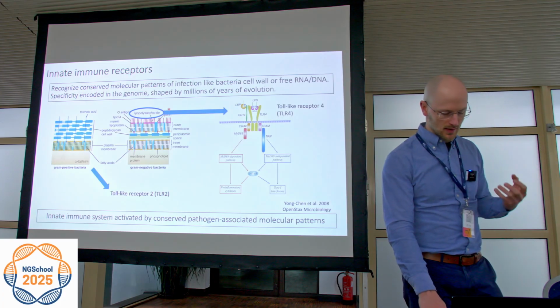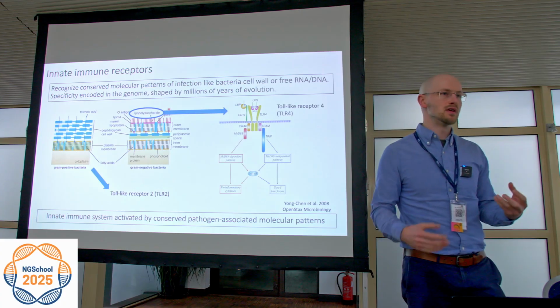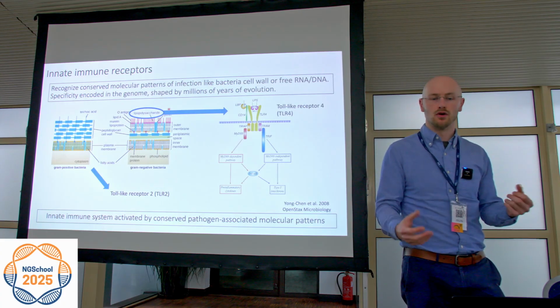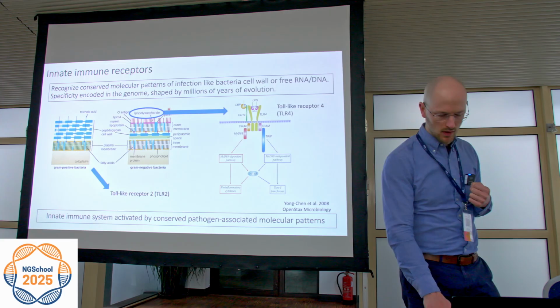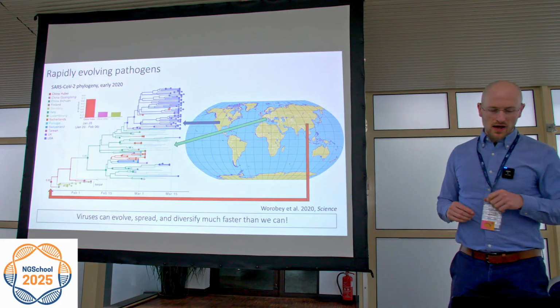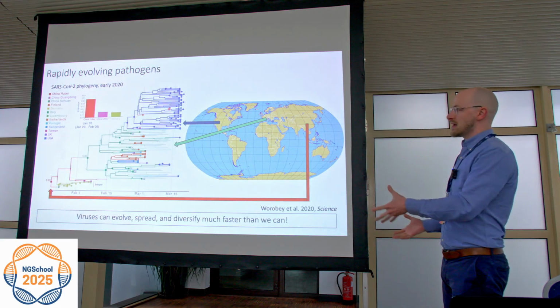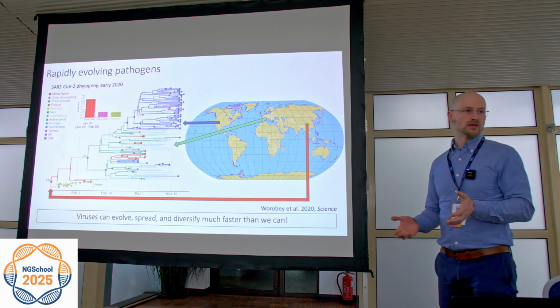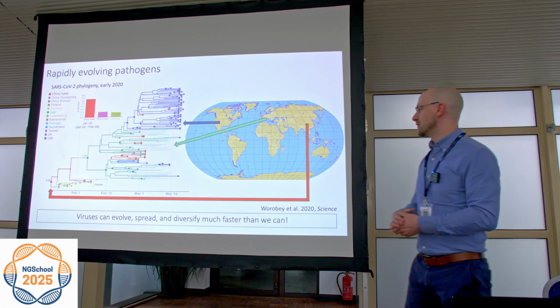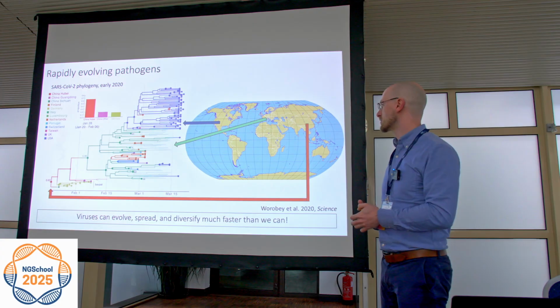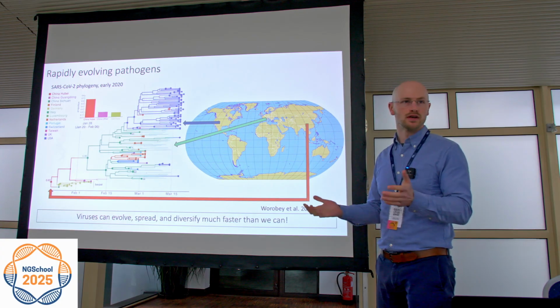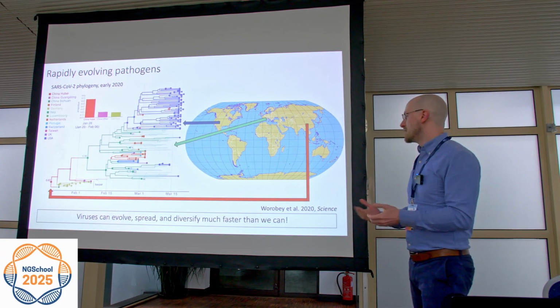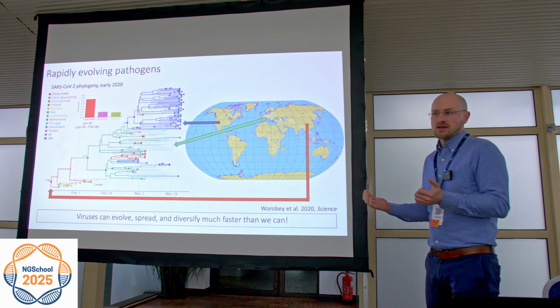And it's pathogens that we have evolved with for a very long time. One issue with pathogens, though, is that pathogens evolve much more quickly than we do. So a classic example is SARS coronavirus 2, which is the virus that causes COVID-19. That emerged in 2019.